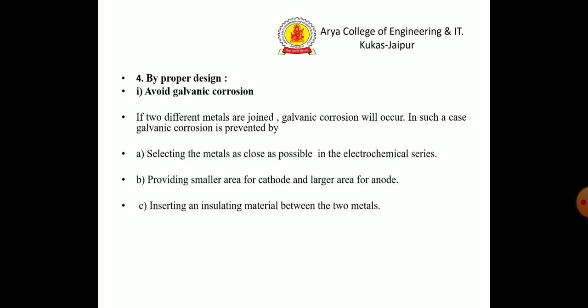The galvanic corrosion can be avoided by the following methods: selecting metals as close as possible in the electrochemical series, providing a smaller area for cathode and a large area for anode, and inserting insulating material between the two metals. From this, we can avoid galvanic corrosion.